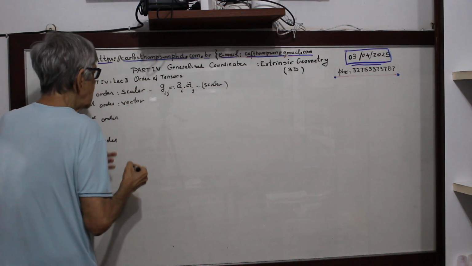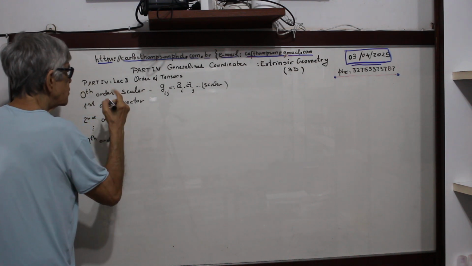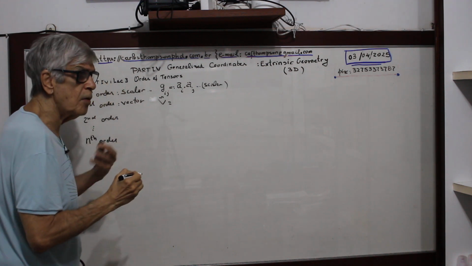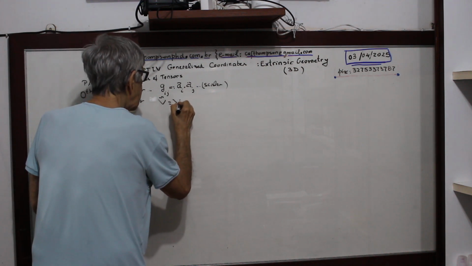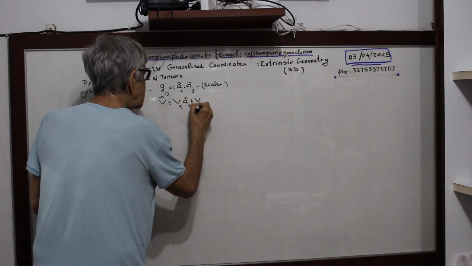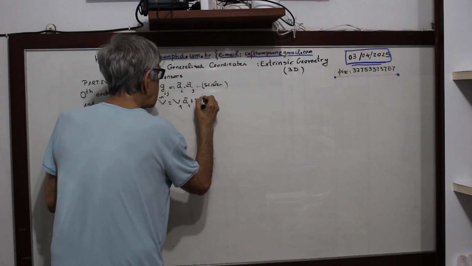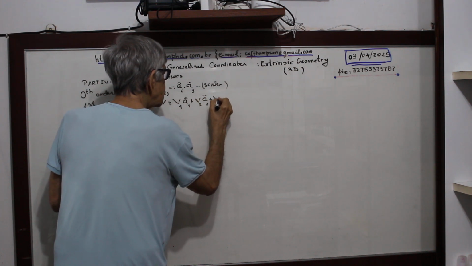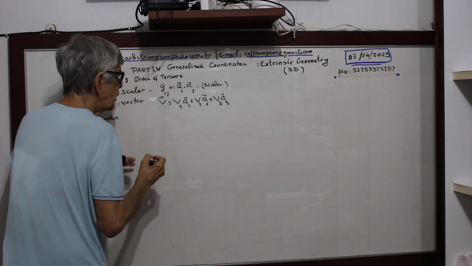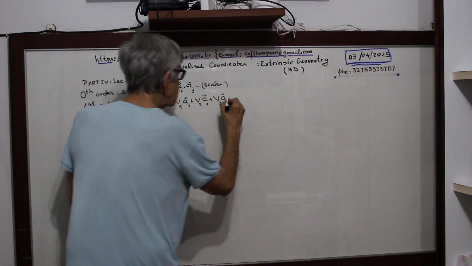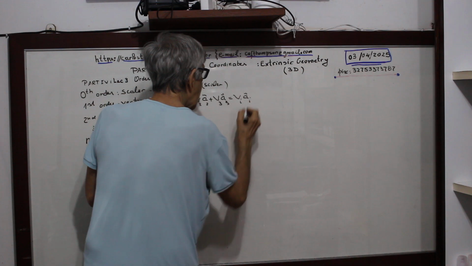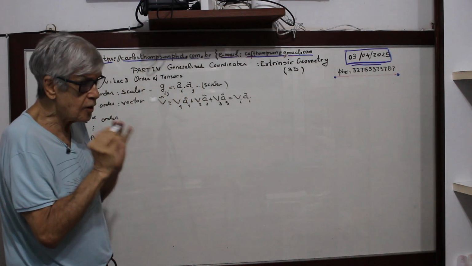Okay? Now, first order tensor. I'll write V as a linear combination of V1 A1 plus V2 A2 plus V3 A3. Now I can express this as Vi Ai. Attention now.